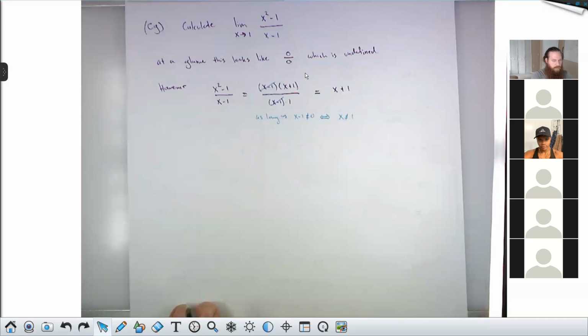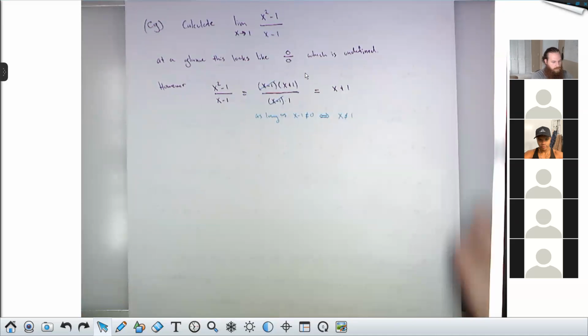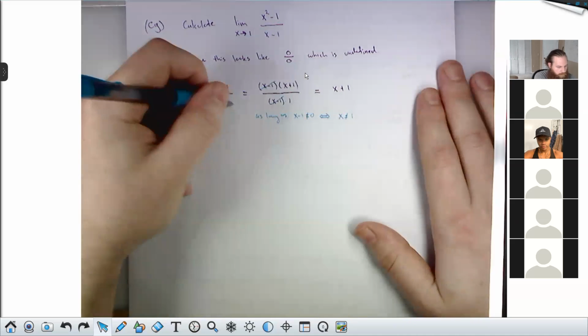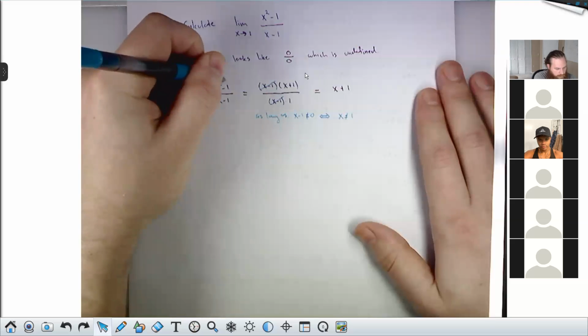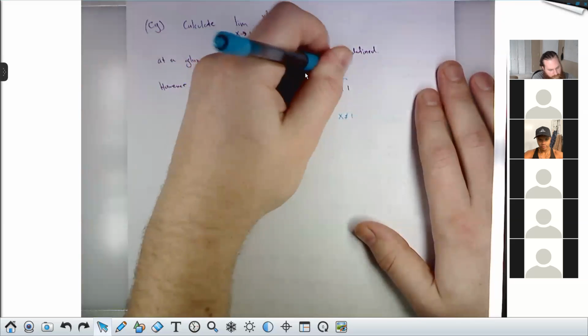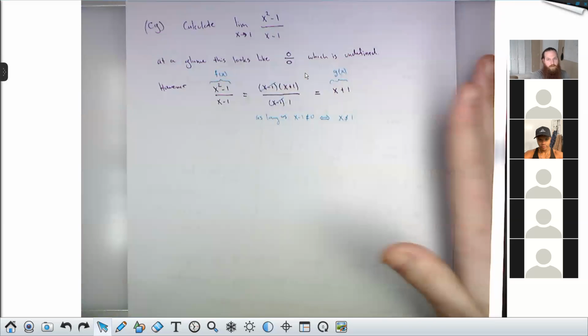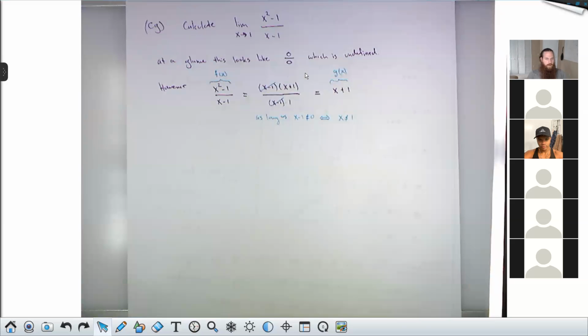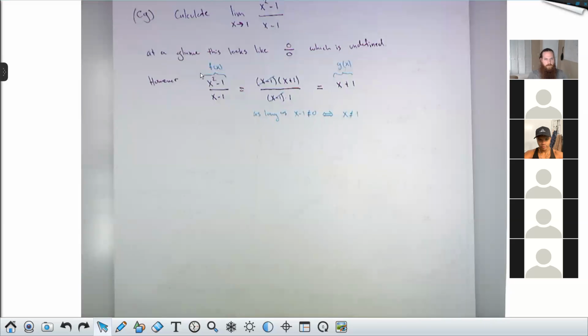Try to see this in the context of what we just said. Here's a function. I'll think of this as like f of x. Think of this as like g of x. What we have here on the page is that this function is equal to this function as long as x is not equal to 1.